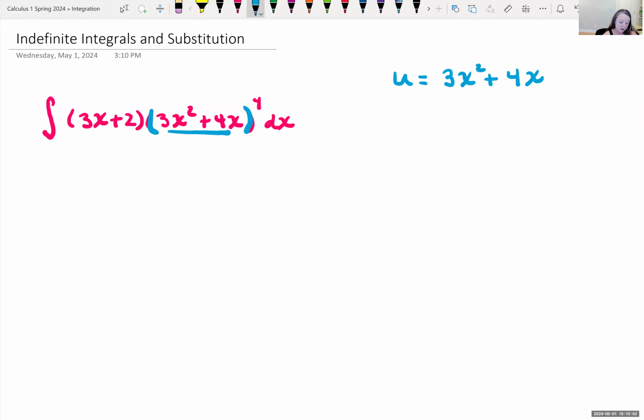So choose some value for your substitution, and then we're going to differentiate both sides.